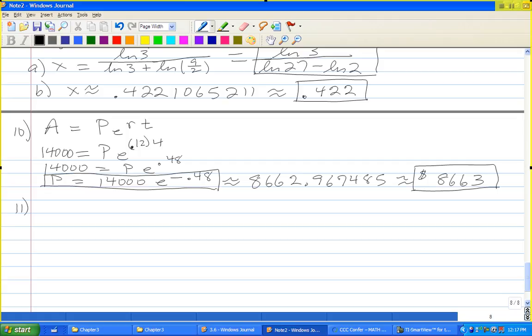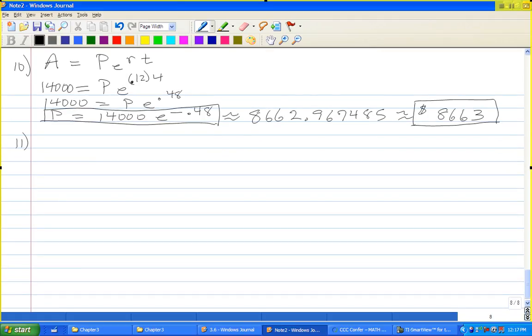11. A culture of bacteria obeys the law of uninhibited growth if 140,000 bacteria are present initially. So let's say that we use this notation. And so 140,000 bacteria are present initially.